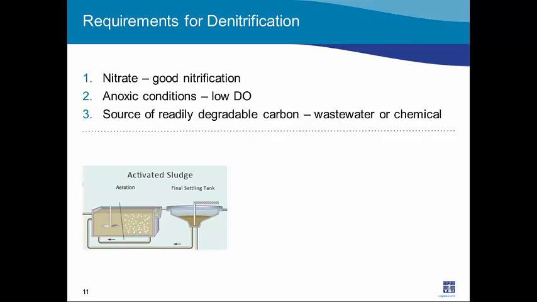And then, since this area is not aerated, it needs to be mixed to keep that waste and bacteria in contact. So normally there's a mixer. So together, those conditions: we have the nitrate, which is recirculated from the end of the oxic zone, we have the carbon from the wastewater, and we have low DO by not aerating it. We can have denitrification occur.